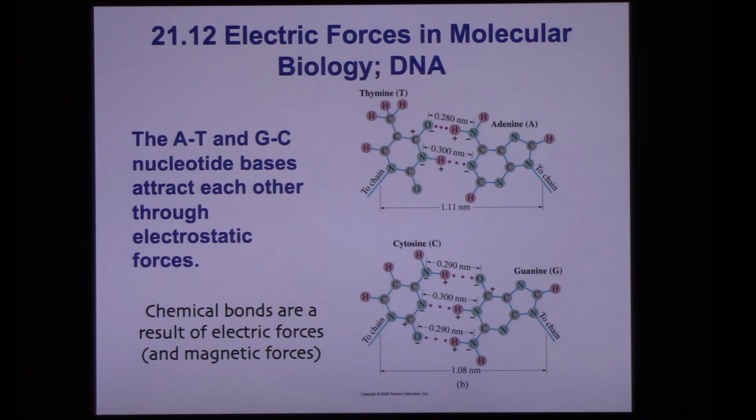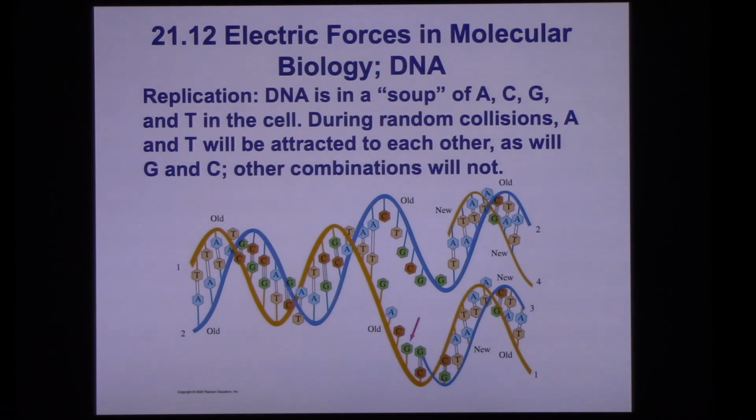And so what happens during DNA replication, or RNA formation, is that the A's and T's and C's and G's are generated within a cell metabolically. Your cells continue producing these different nucleotides, and when DNA replication takes place, the molecules are very selective about which base goes with which base.